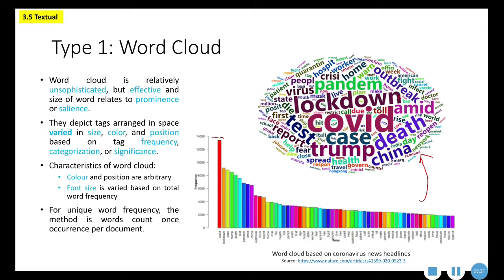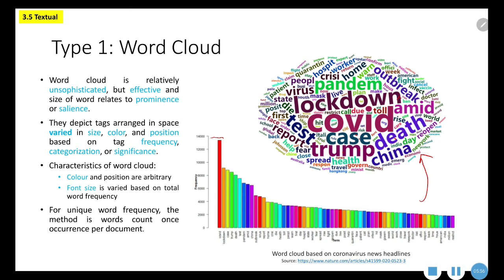If you go to YouTube, you can find there are also tricks that we can do using Microsoft Excel, but it is not as effective or efficient as using real software to produce a word cloud.